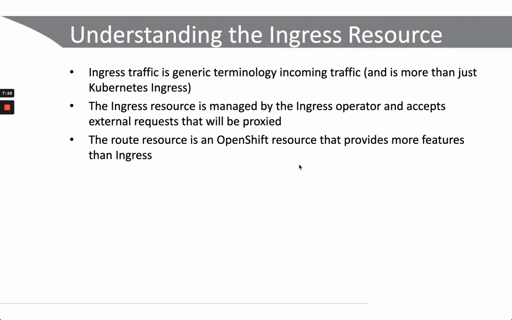This, by the way, smells a little bit like Red Hat marketing. Now, let me un-Red Hat market it a little bit. If you look at the Kubernetes ecosystem, different Ingress resources are provided. And really, you can't say that OpenShift routes provide more functionality than Kubernetes Ingress, because there's no such thing as Kubernetes Ingress.